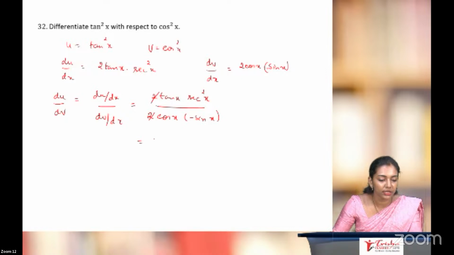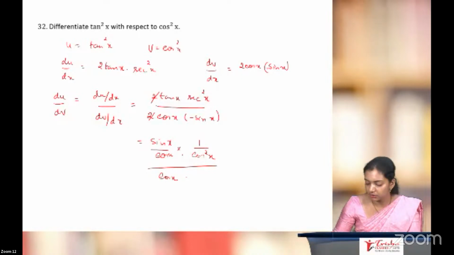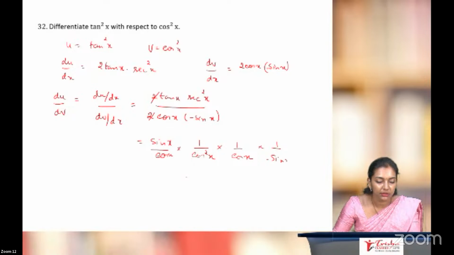Here tan x you can write it as sin x by cos x. And secant square is 1 by cos square x. You can write whole divided by cos x into minus sin x, or reciprocal you take. You can easily cancel it.